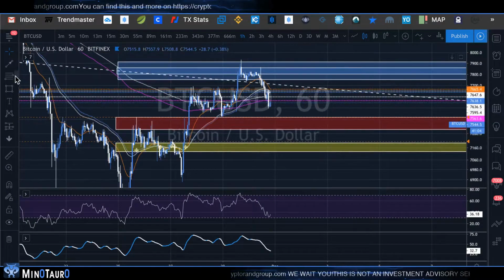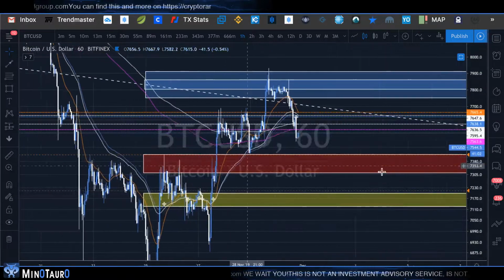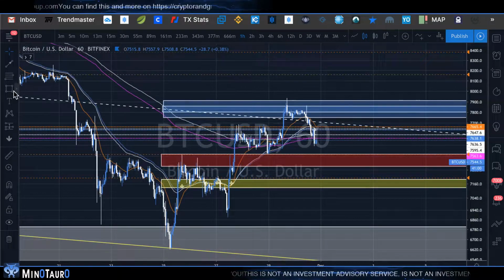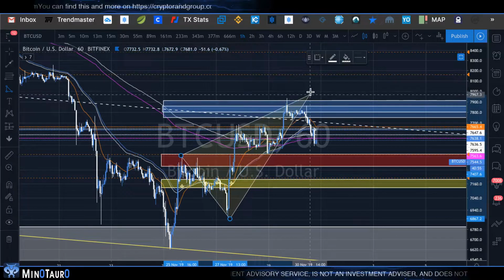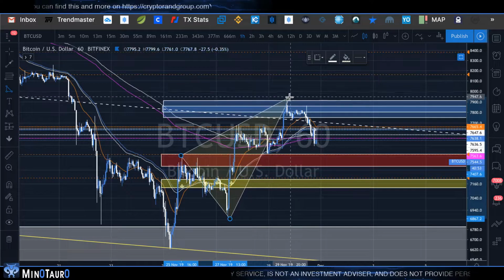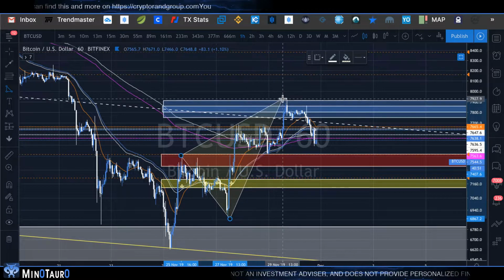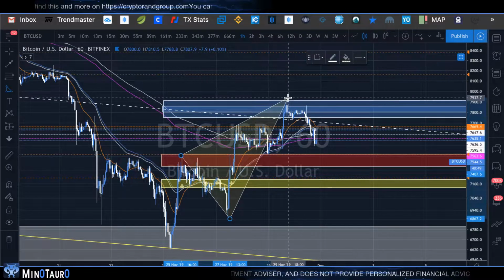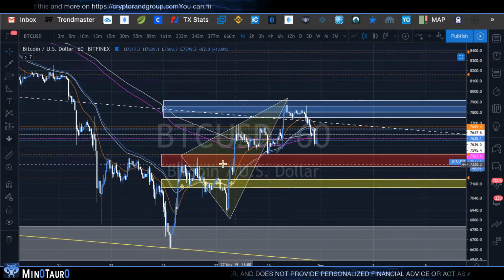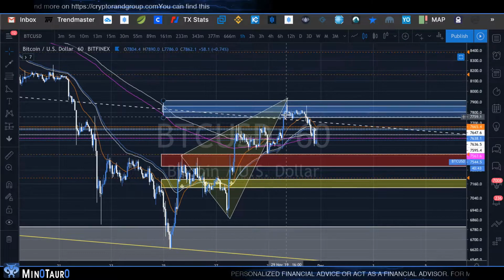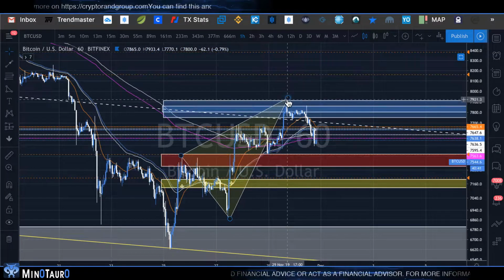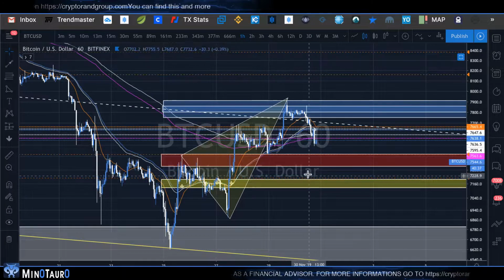This was also a wedge, perfectly developed, with even a retest of the tip on the 161, and now retracing.